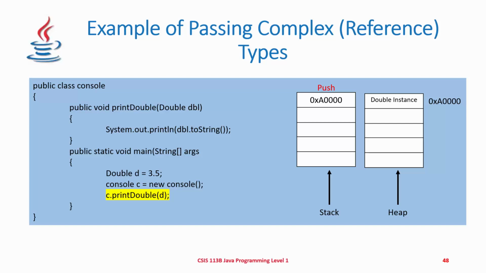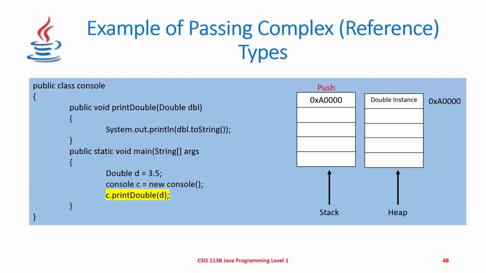Now if you look at the stack, you'll see that when we passed that parameter, making the call to the printDouble method and passing the parameter D to it, the Java virtual machine is pushing the value of D, which is, remember, a reference value, meaning the address of where the actual contents are stored in the heap. So that's why we get the A0000.